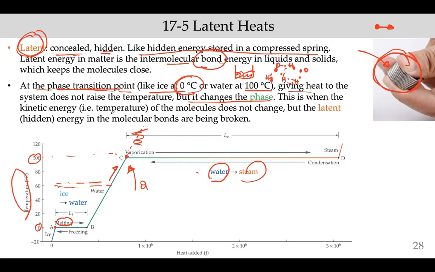So this is when the kinetic energy or temperature of the molecules does not change. Here, for example, during melting, the kinetic energy of the molecules does not change. Remember, kinetic energy is related to temperature. But what changes is the latent, hidden energy: the molecular bonds are being broken. So you have ice, you have the crystal structure like this, maybe. Each of them is, let's say, an H2O molecule, but they're in the ice, in this crystal structure.